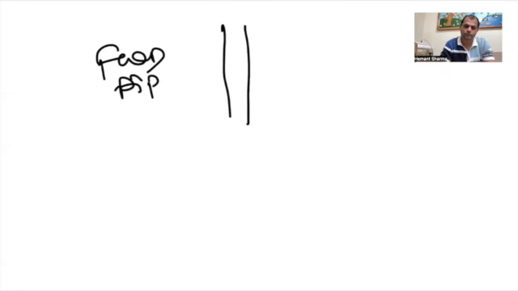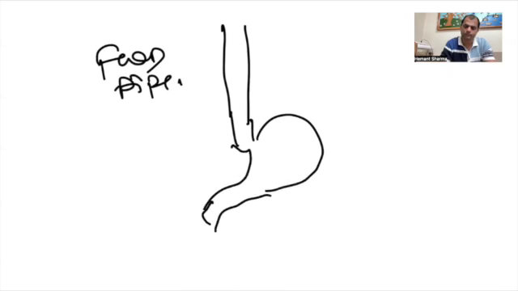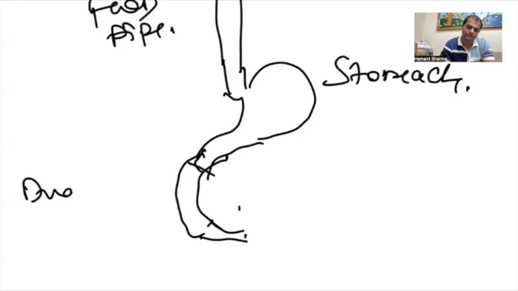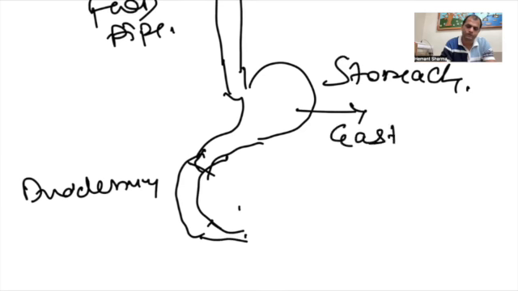Here I would like to bring a focus. So this is the food pipe. This is the stomach. And this is the duodenum, the first part of the small intestine. If the ulcer is happening in the stomach, we call it gastric ulcer.